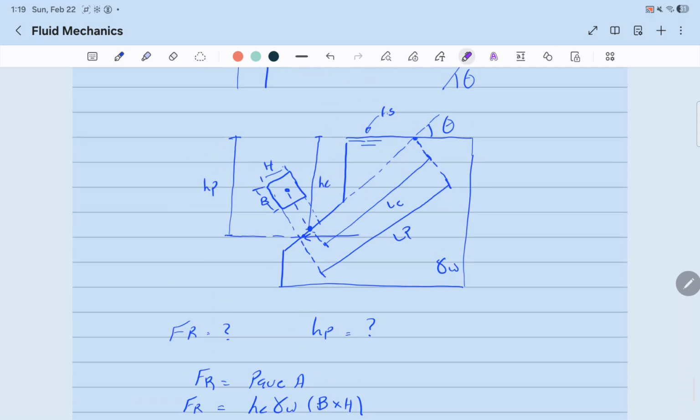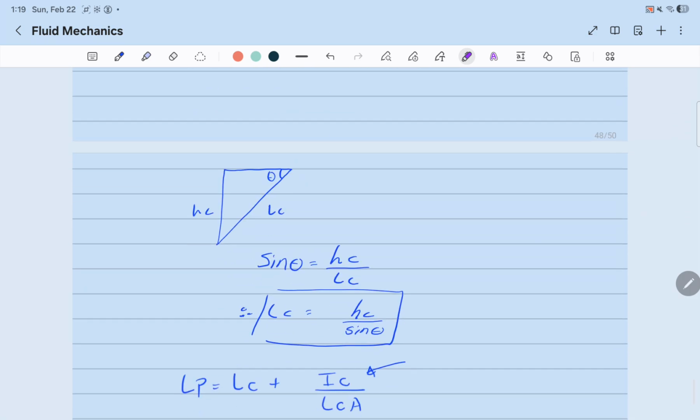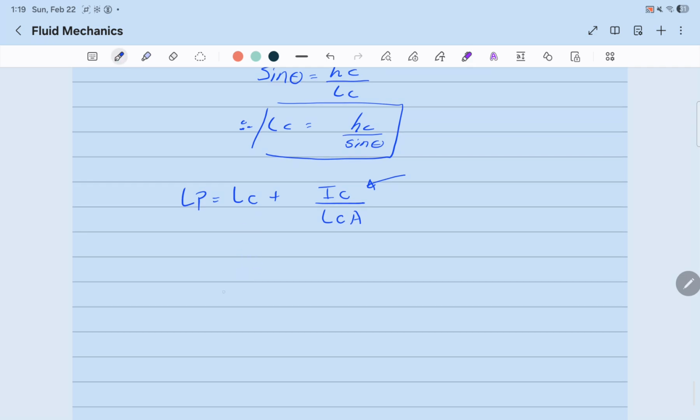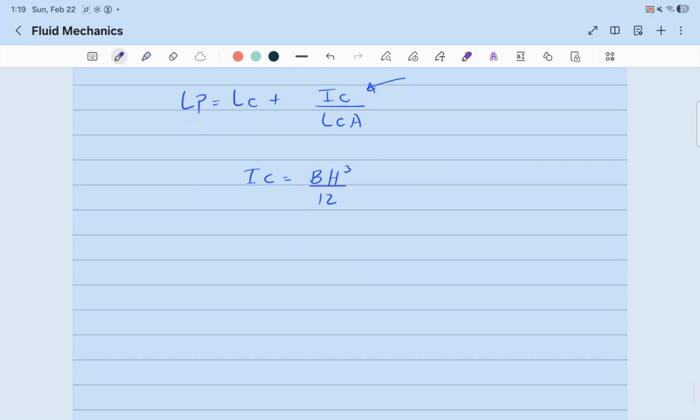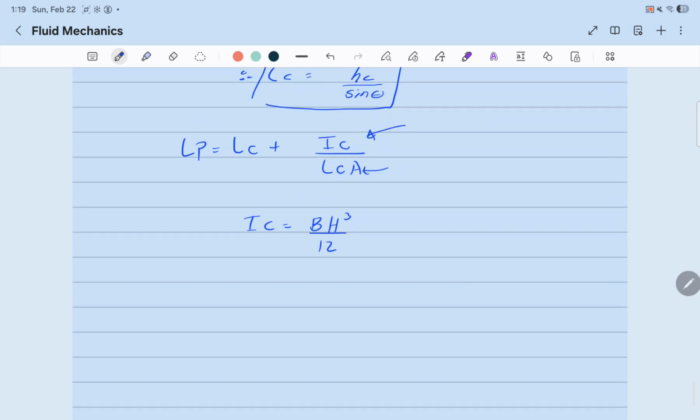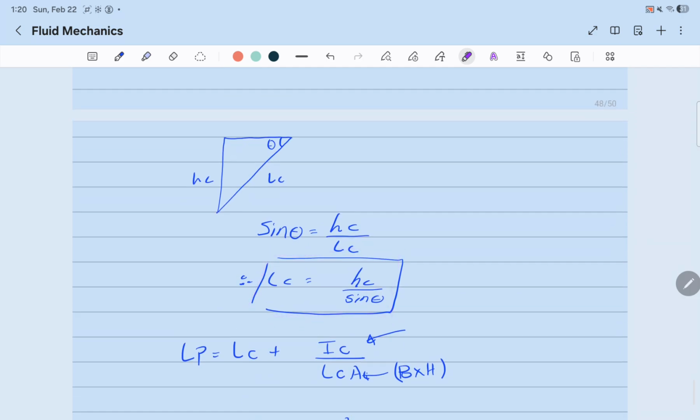It could be a rectangle, a circle, or a triangle, and it's usually given. For a rectangle, the moment of inertia equals B H cubed over 12. For a square, circle or triangle it could be different. The area is base times height, and LC you found using geometry.